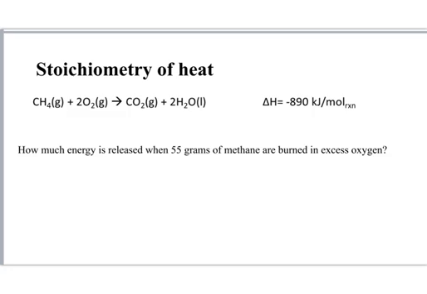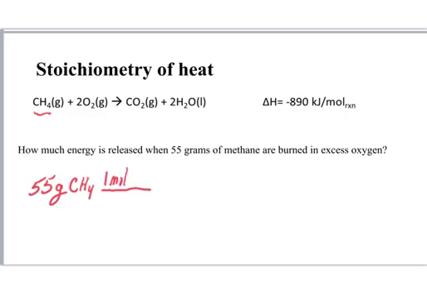How much energy is released when 55 grams of methane are burned in excess oxygen? So again, I'm starting out with 55 grams, but remember in a reaction, it's about moles. This is 1 mole of methane, 2 moles of oxygen. So I have to first convert my grams to moles using the molar highway.